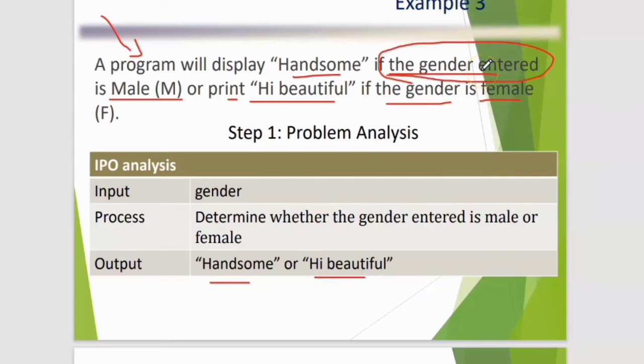If you don't have a clear idea about the input, you can read again: a program will display handsome if the gender entered. Gender entered, so this is actually the input. Input gender. Process: determine whether the gender is male or female. Output: handsome or hi beautiful.